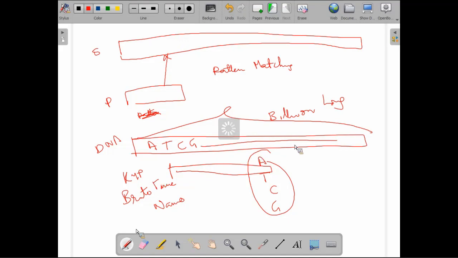But KMP is useful only when the pattern consists of a limited alphabet. That is excellent for DNA because the alphabet is really limited.